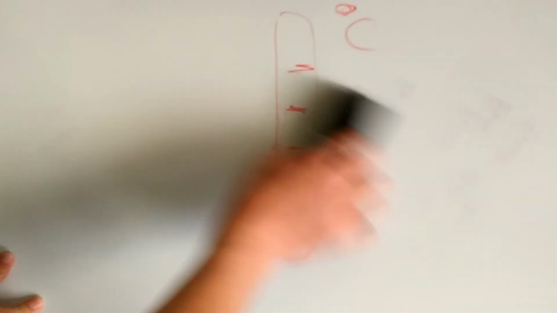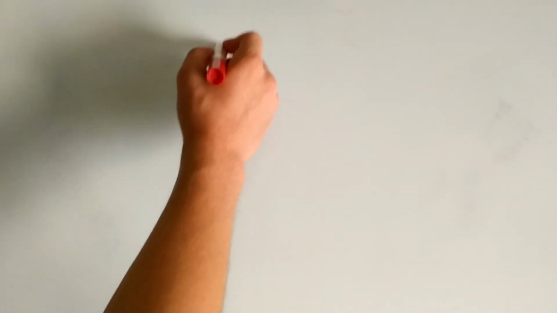Okay, so this is a mercury thermometer, let's say, and what about alcohol thermometers? Well, the interesting thing about alcohol thermometers is that we cannot measure temperatures beyond 85 degrees Celsius, since that's the boiling point of alcohol. So another type of thermometer is called a constant volume thermometer.